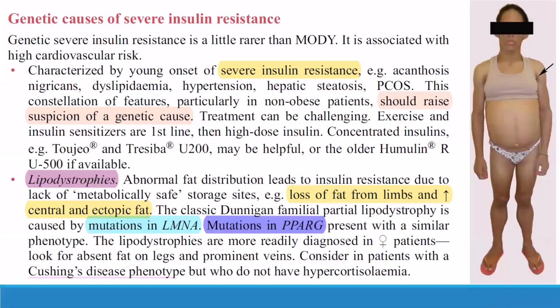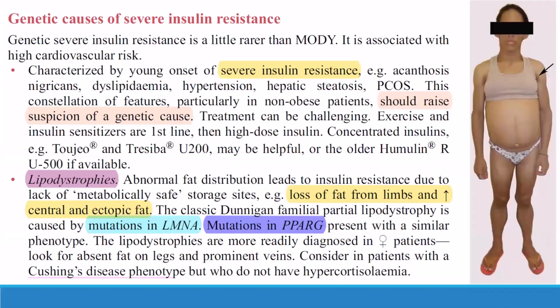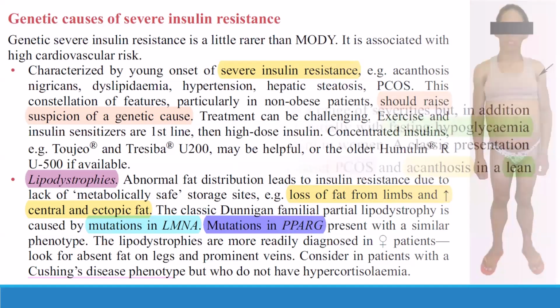Lipodystrophy is due to a mutation in the lamin gene or a mutation in the PPAR-gamma gene. It is a severe form of insulin resistance, so it should be treated with insulin sensitizer and insulin therapy.